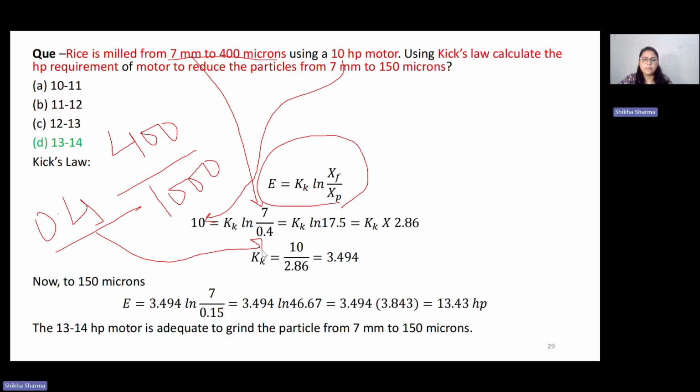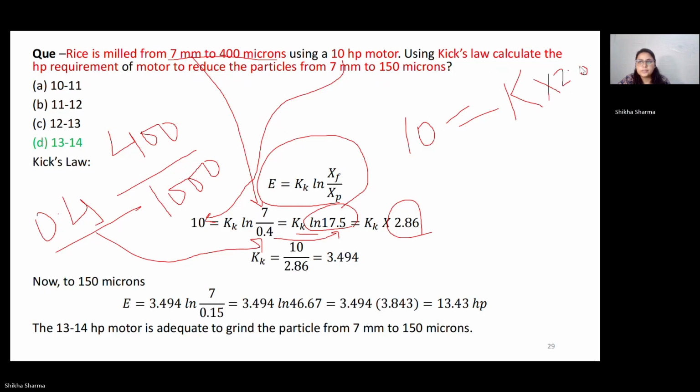So 10 equals Kk ln of 7 divided by 0.4, which is 17.5. So ln 17.5 is basically 2.86. So 10 equals k into 2.86, right? So k would be 10 divided by 2.86.